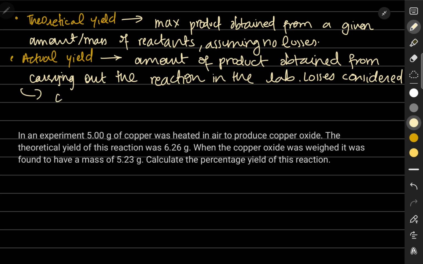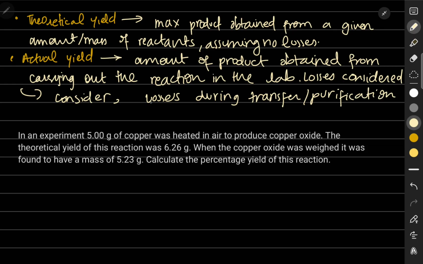So you consider losses during transfer or purification of the product. You also consider any side reactions that are going on, and you also see if the reaction went to completion or not, or whether it was an incomplete reaction.